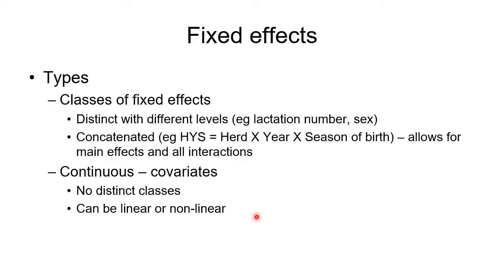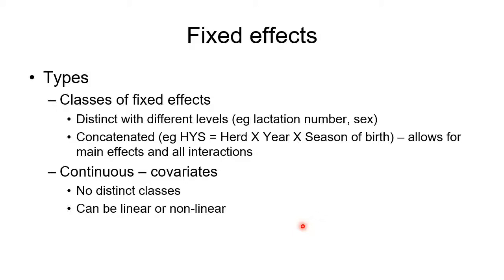But it's a continuous difference. Each day that the animal had more to grow, the probability will be that it will be heavier. So you can't have distinct classes to say, for example, young, older, and eldest. You work in a continuous manner where you include days of age in your model.